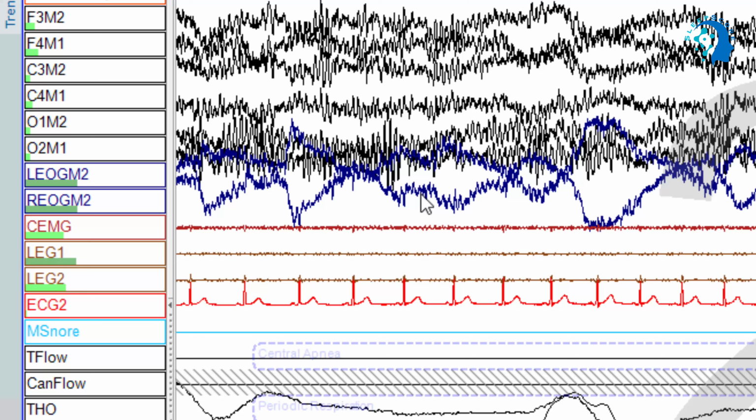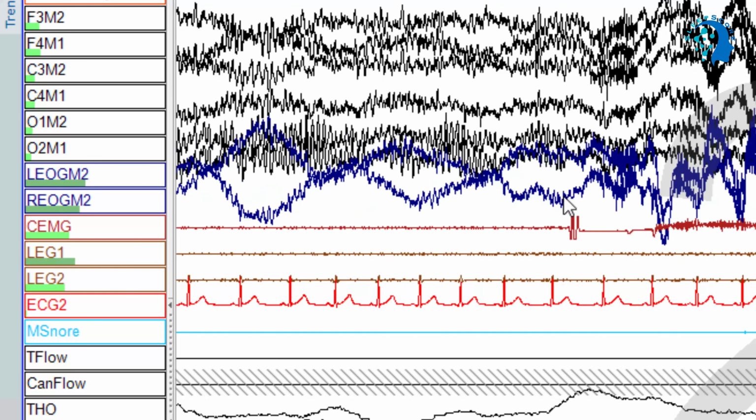O2 M1, O1 M2, and C4, C3. Mostly they're looking better, right? F3 M2, yeah, these are all looking better.